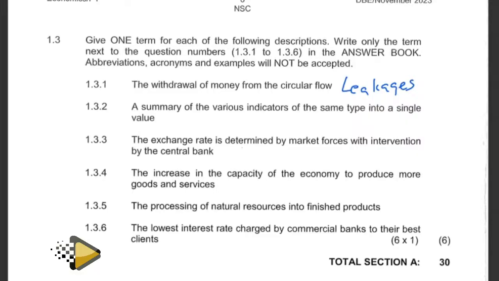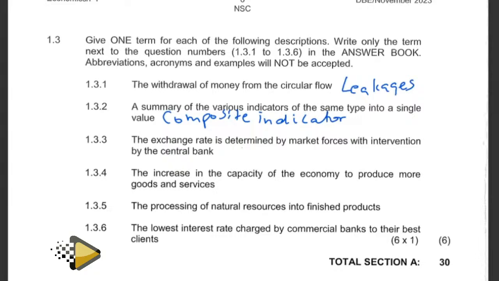Okay, right. So in this regard, our appropriate answer is going to be composite indicator. Okay, right, grade 12. So now make sure that whenever you are dealing with this set of questions, you do understand the content of economics or the context of economics.